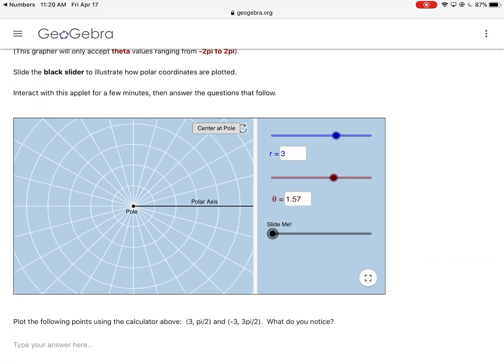Use your slider now. So we're going to rotate our pi over 2 or 90 degrees, and then we learned yesterday off the terminal side of that angle, we'll just move 3 units upward, right? So there's our point.